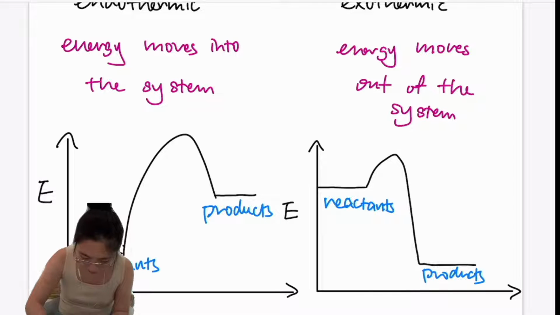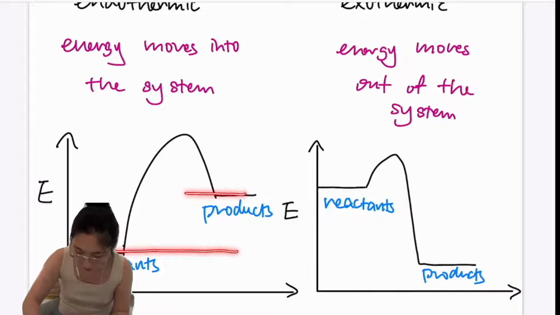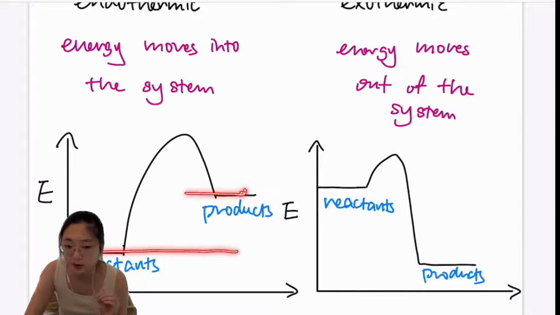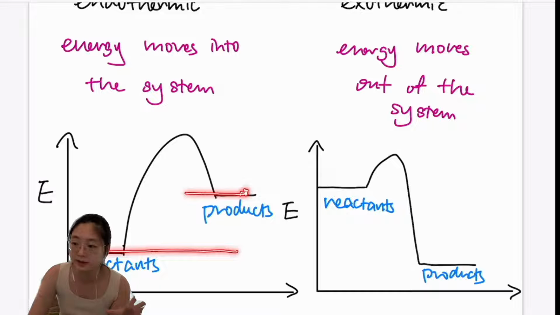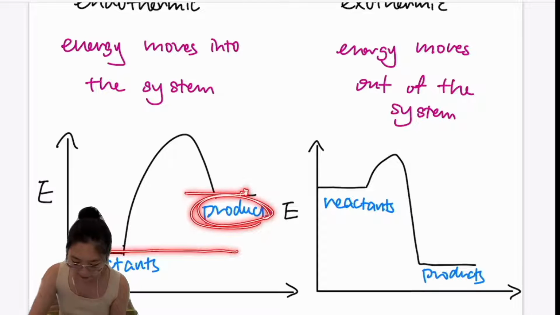And then we calculate the difference between these two levels. How we calculate it is always the product minus the reactants. Either in chemistry or physics, when we say change in whatever value, it's always the final value minus the initial value. So it's the enthalpy of the product minus the enthalpy of the reactant.